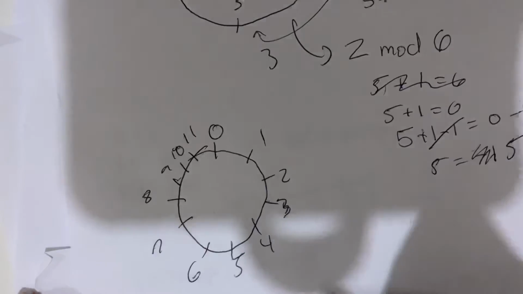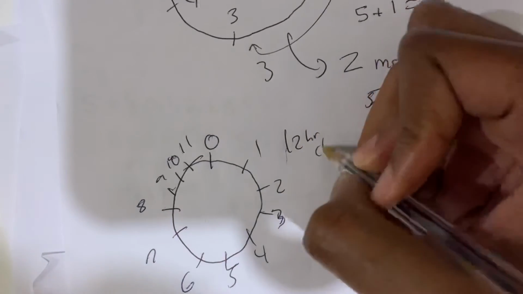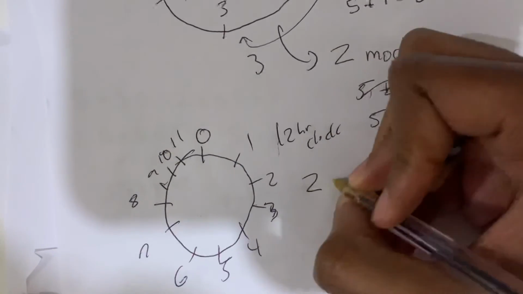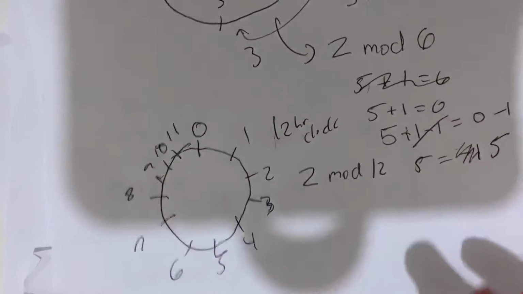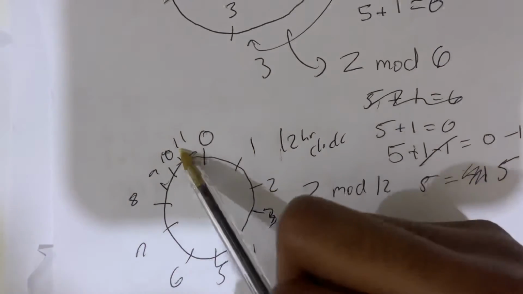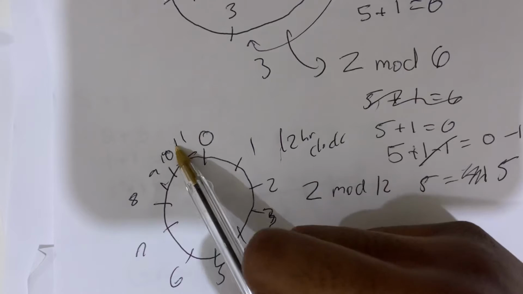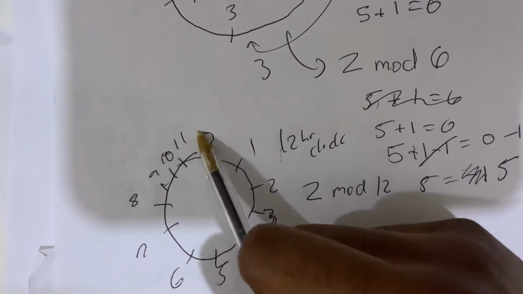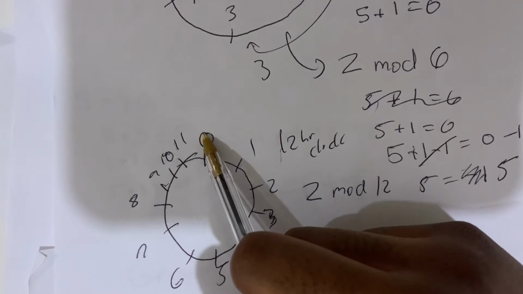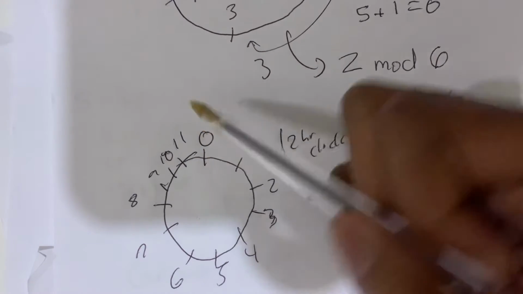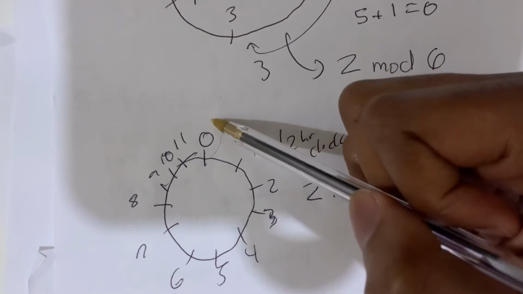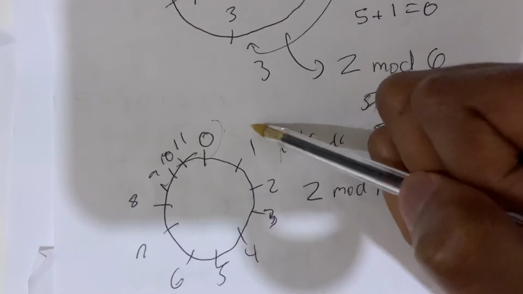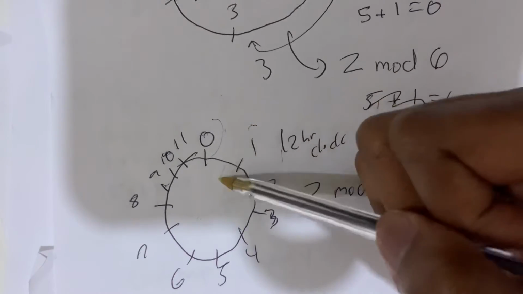So here is our 12-hour clock, and this is actually just the integers mod 12. So let's say that it's 11 o'clock, and we say, okay, what's 1 hour after 11 o'clock? Well, we'd say it's 12 o'clock, but instead of 12, we are using 0. So it's 0 hour.